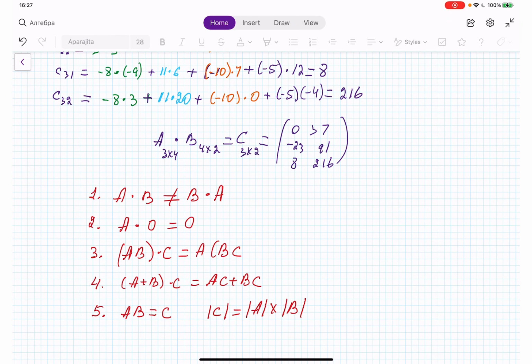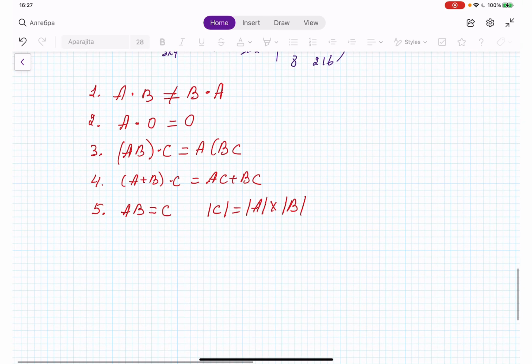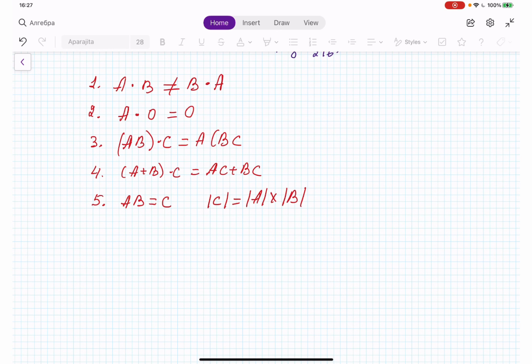And the last operation is going to be the transposed matrix. Since I already covered it in my previous video, I'll just bring an example, okay? So the goal of the transposed matrix is to just switch rows into columns.